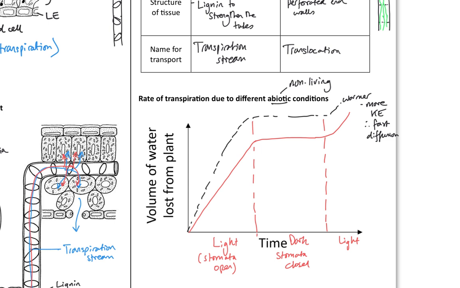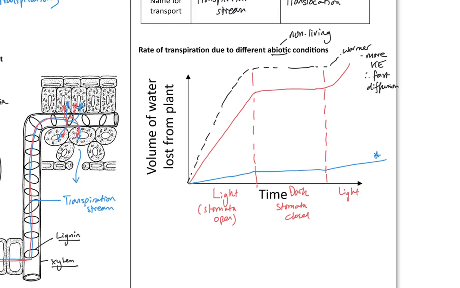Let's make it a cold day and it's really humid outside. Well, then I'm going to hardly lose any water. So let's put a little asterisk here, and let's write about that below.